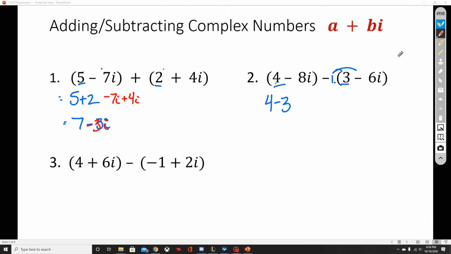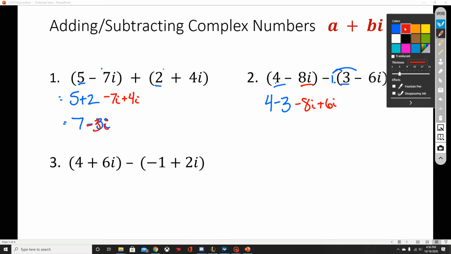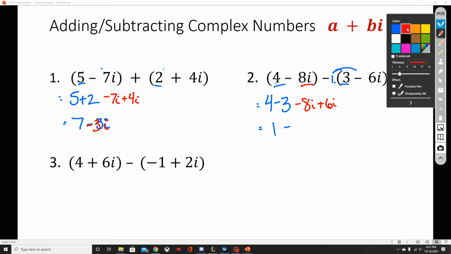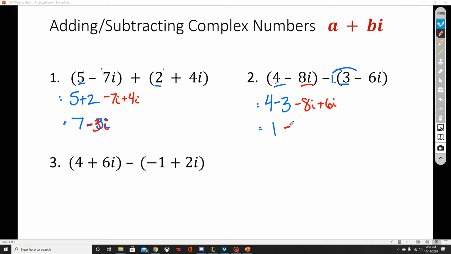And then we have the imaginary part, negative 8i minus negative 6i, so plus 6i. All right. Combine the real part, so 1 minus 2, combine the imaginary part, negative 8i and negative 6i is negative 2i. So number 2 simplifies to 1 minus 2i. Still a complex number.